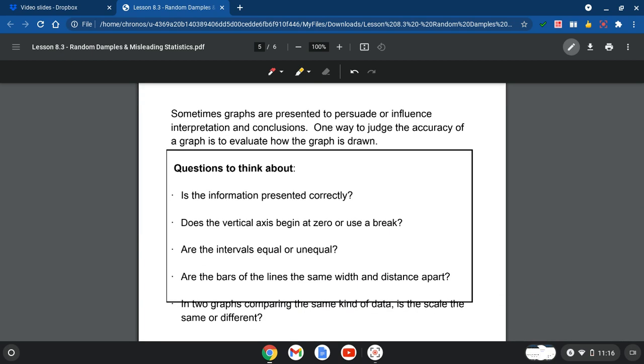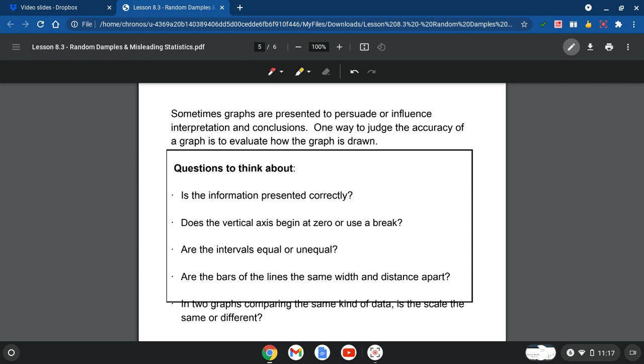Sometimes graphs are presented to persuade or influence interpretation and conclusions. One way to judge the accuracy of a graph is to evaluate how the graph is drawn. So these are questions to think about. Is the information presented correctly?